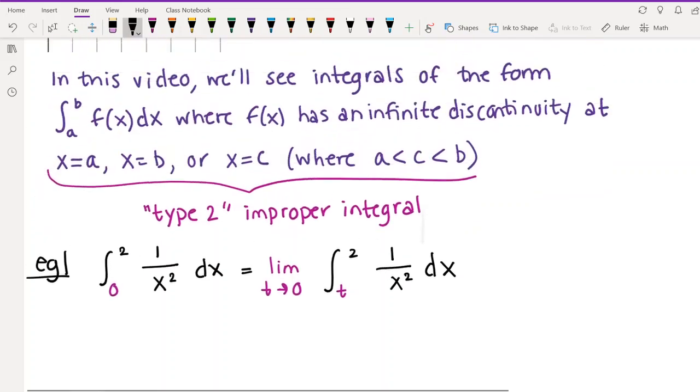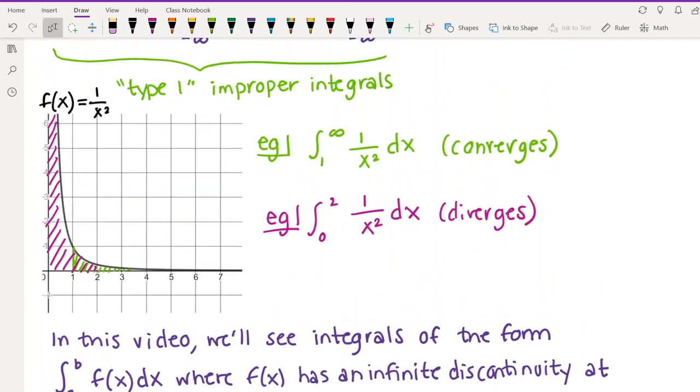So if we look at our picture and we think about taking the integral from 0 to 2, well, that means that we're approaching from the right. It just doesn't make sense to take the limit from the left because we're not looking at values that are to the left of 0. If you imagine taking different values of t, you can almost think of t as being like a slider, right?